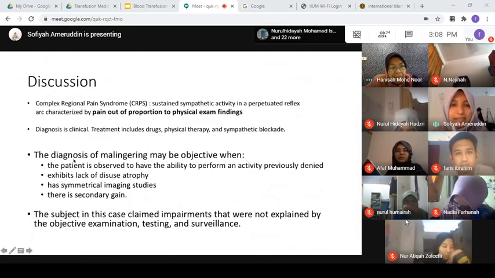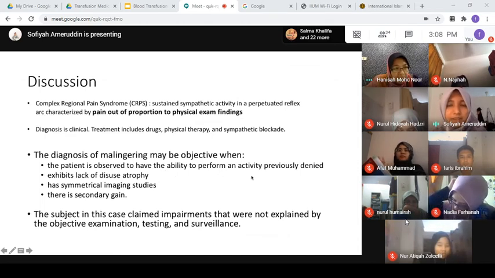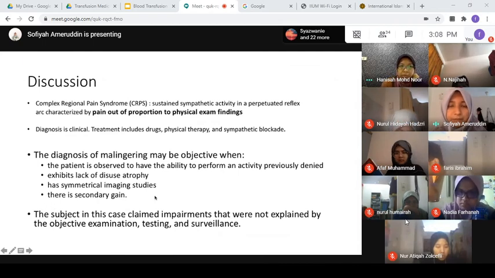So in this case, the diagnosis of malingering was objective when the patient was observed to have the ability to perform the activity which he previously denied. And then there was also a lack of disuse atrophy, and he had symmetrical imaging studies, and there is a secondary gain, which is the workers' compensation. So I think that is all for the case.